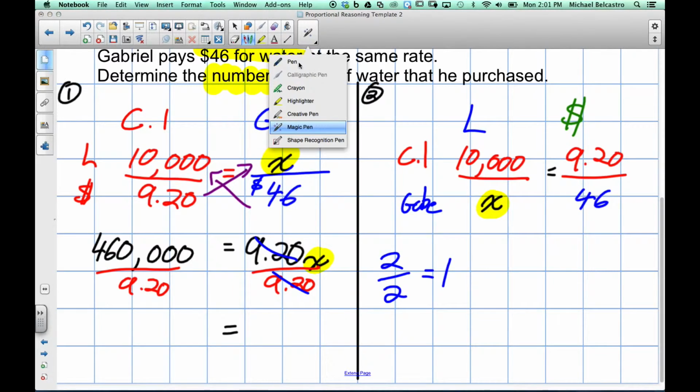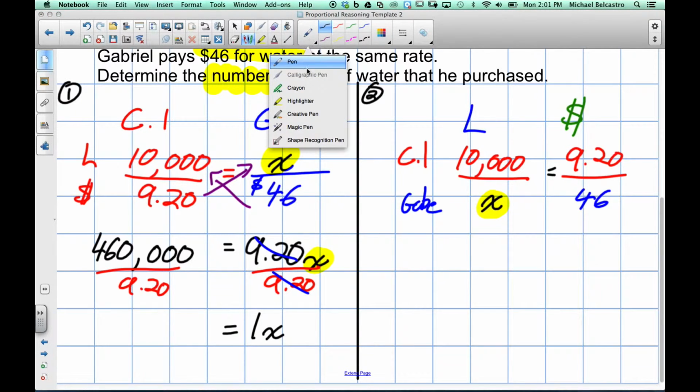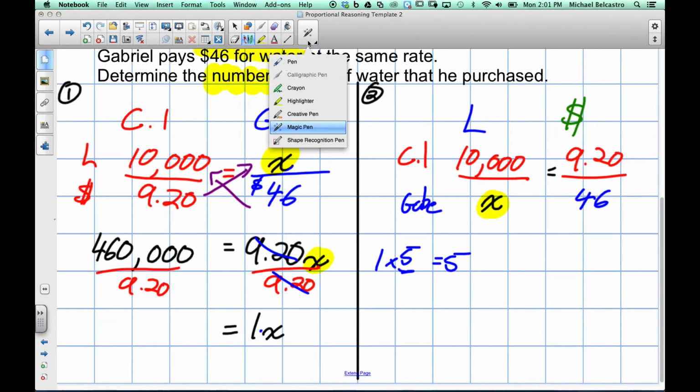So we're left with 1x, and 1 times any number, say 1 times 5, is just the number itself, 5. So 1 times x is really just x.